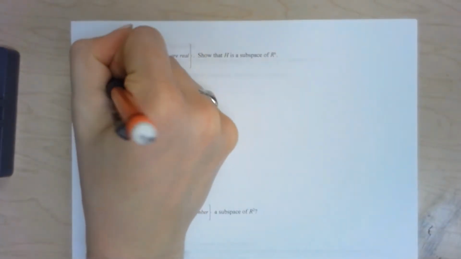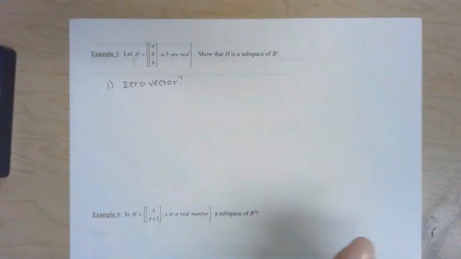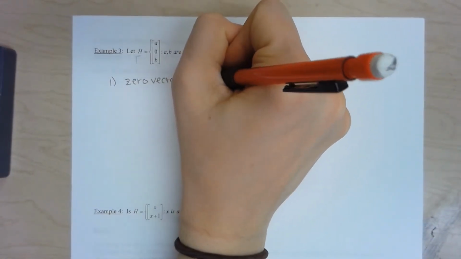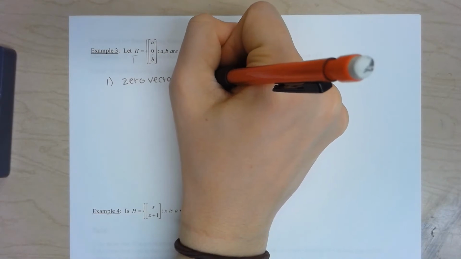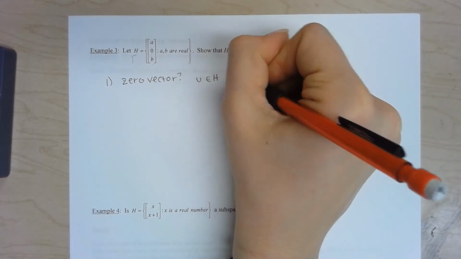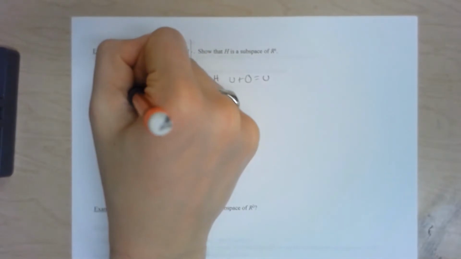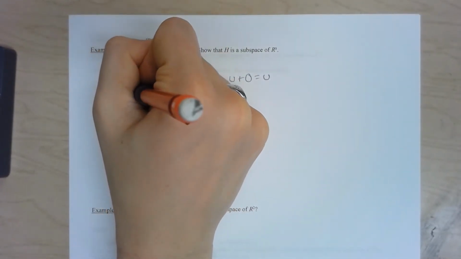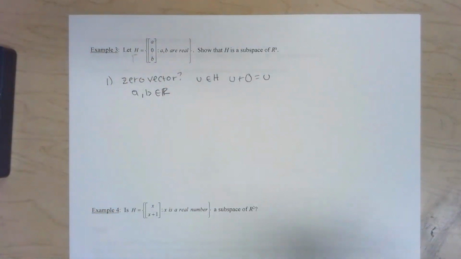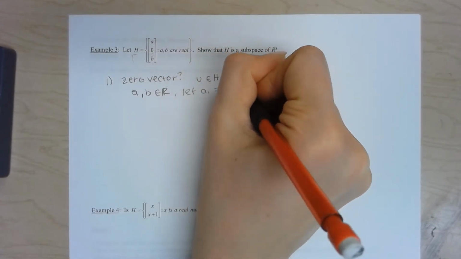So one, is the zero vector in this subspace? Let's say u is in H. I want u plus 0 to give me u. That's the property that I'm looking for. So a and b are real numbers, and then I will let specific ones, a1 and b1, both be 0.